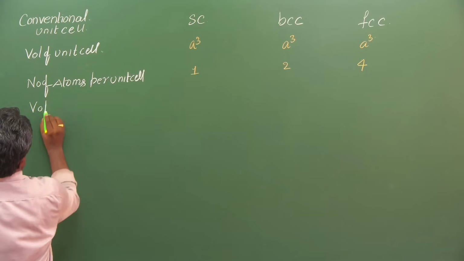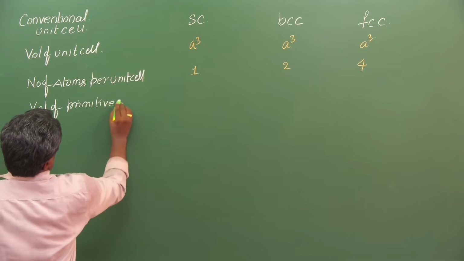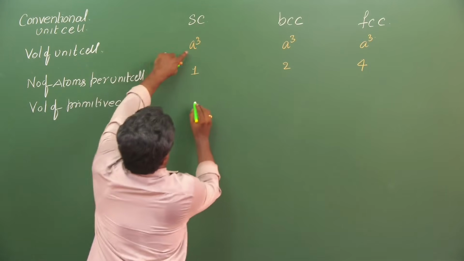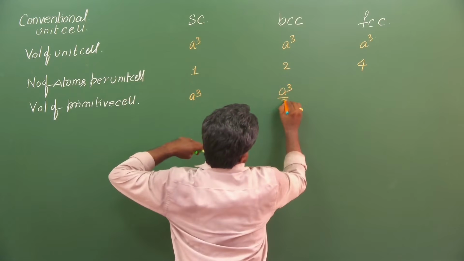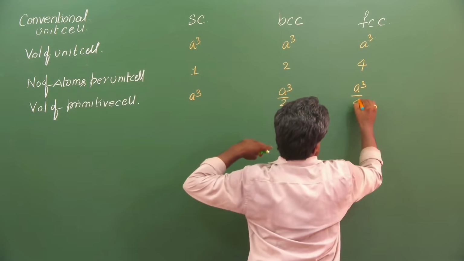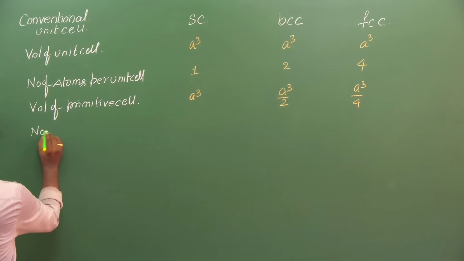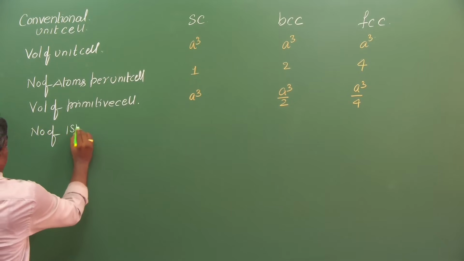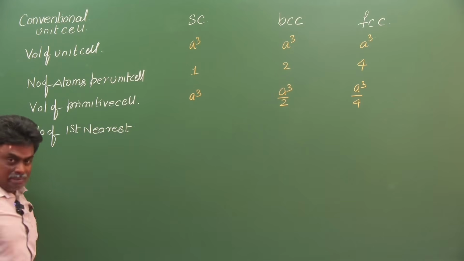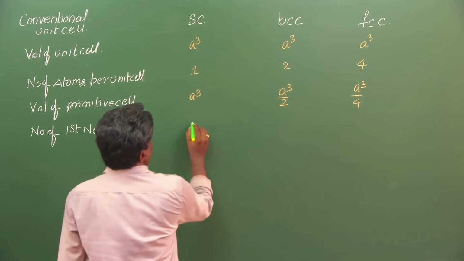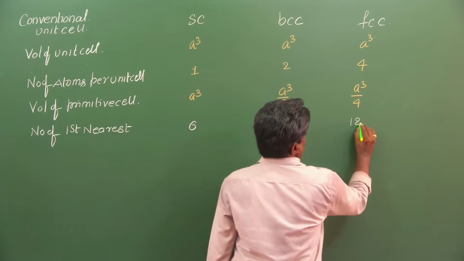Volume of primitive cell. So here the volume of a primitive cell equal to here. That's it. Next, the number of first nearest neighbors. In simple cubic, BCC, FCC, 12.